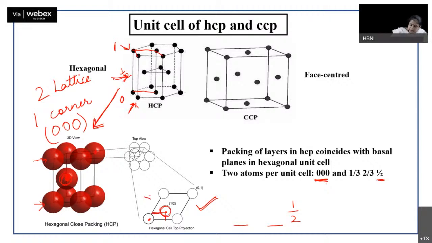If this is the x axis and this is the y axis, it makes an intercept of 1 by 3 on the x axis and 2 by 3 on the y axis. So the coordinate of the second lattice point in the unit cell of HCP is 1 by 3, 2 by 3, half. I hope it is clear now.